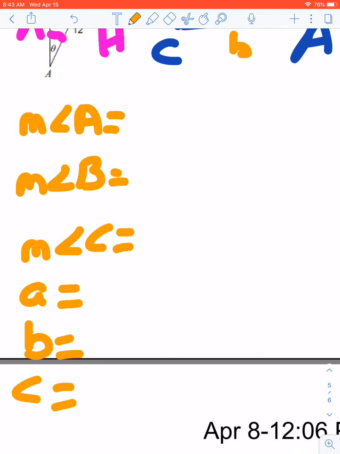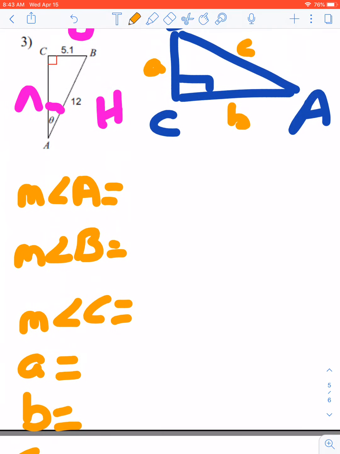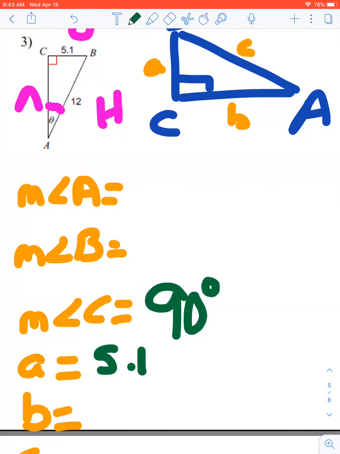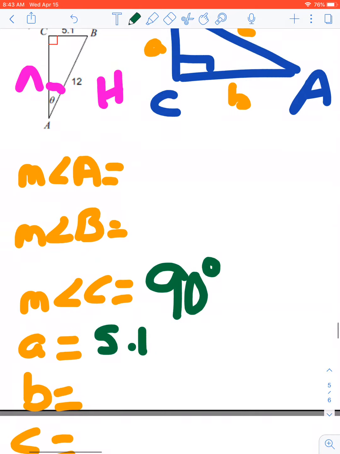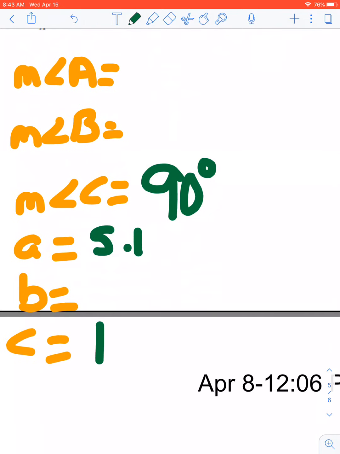So right away I'm going to plug in what I know, okay? So angle C is 90 degrees. Why? Because they told me. I know that side A is 5.1, and I know that side C is 12.